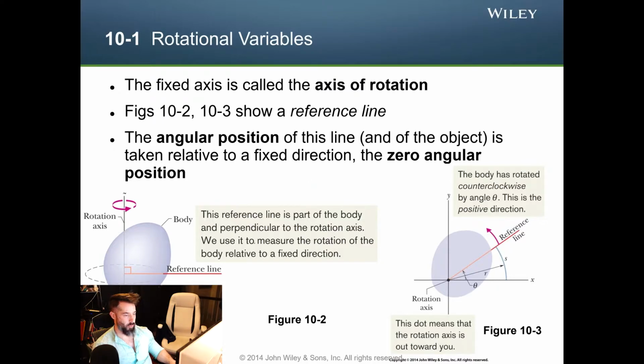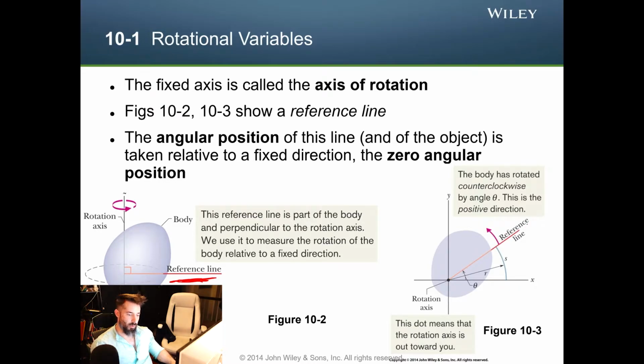So some of the important stuff on here is, again, like I was saying way early on, you create your own coordinate systems, right? So that means your X and Y axis, you're setting up the coordinate system. Only in this case, we have this reference line here, right? So this is kind of like just setting your X axis, only you're setting the reference line from which you're measuring, say, an angle.